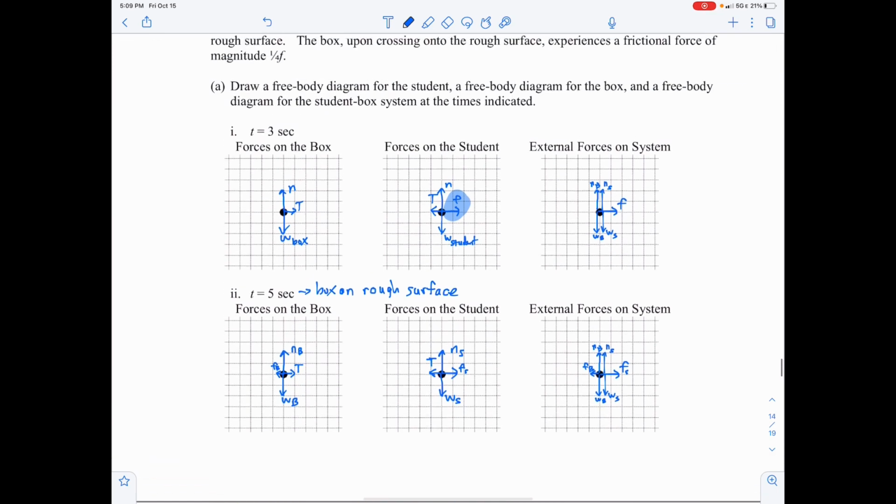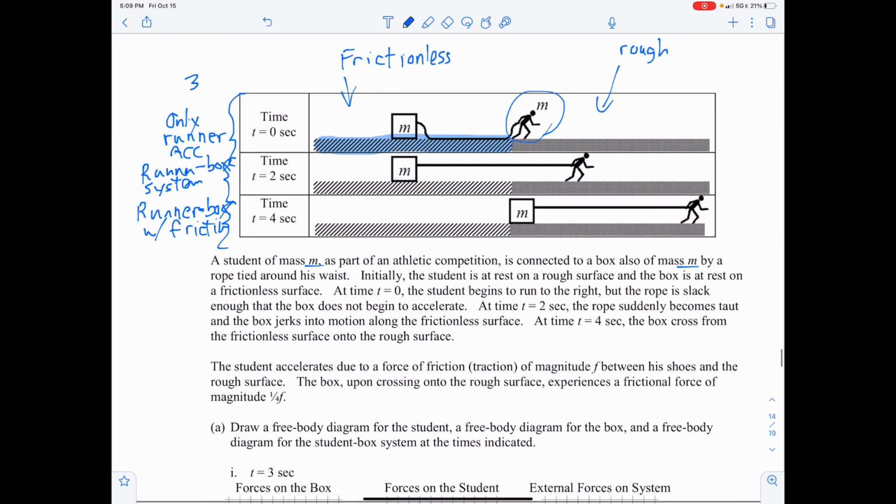And if we look back at the situations again, at 1 second, the student is just running, hadn't pulled the box yet. At 3 seconds, that's when the box is being pulled, from 2 to 4 seconds. 3 seconds would be in that time interval. And then finally, 5 seconds is after the box is on the rough surface. So what we basically have here is this is the largest net force.